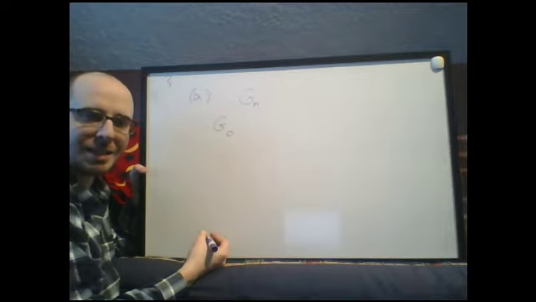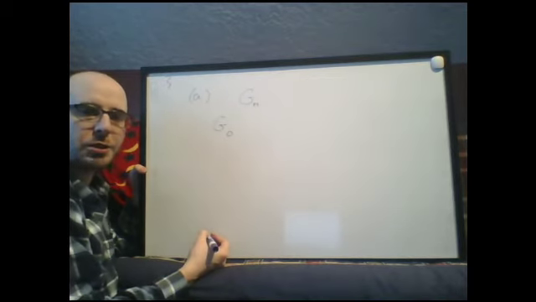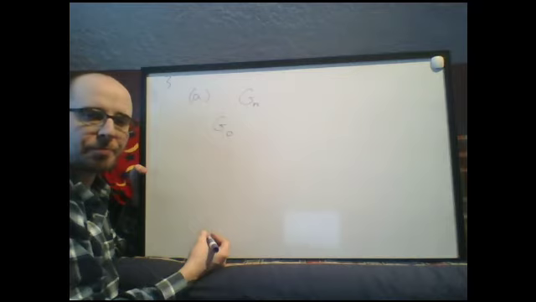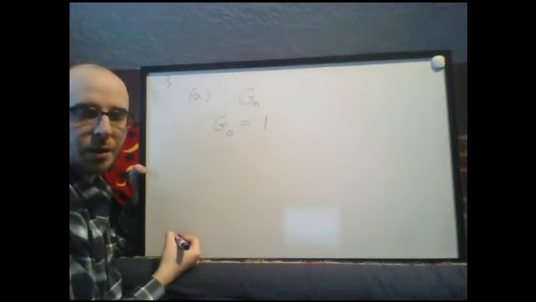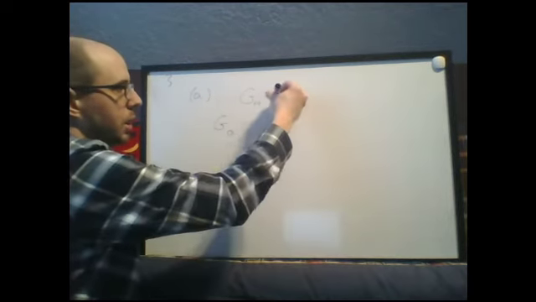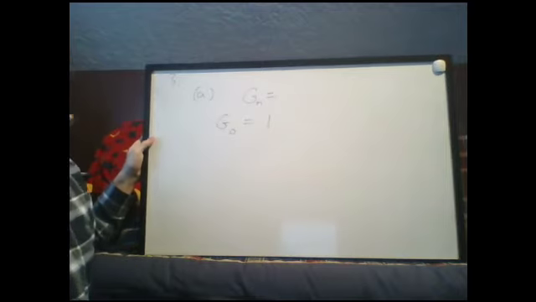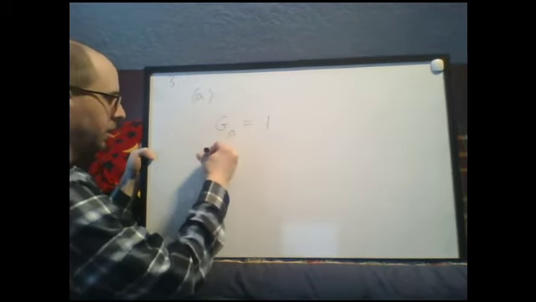At the end of year 0, the first gnome emerges from a magical tree. So at the end of year 0, we have 1 gnome. So G0 is 1. All right, so that's our initial condition. Let me do the recurrence underneath that.